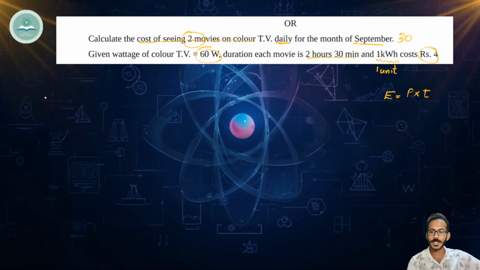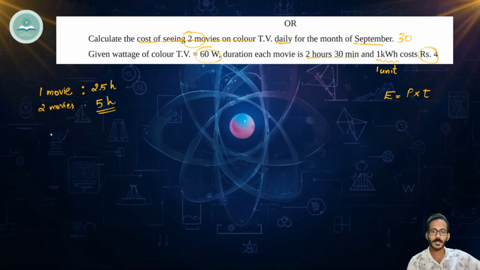For 1 movie, the duration is 2 hours 30 minutes, which means 2.5 hours. So for 2 movies, the duration is 2.5 plus 2.5, that is 5 hours. So this will be the time that we are taking for 2 movies.